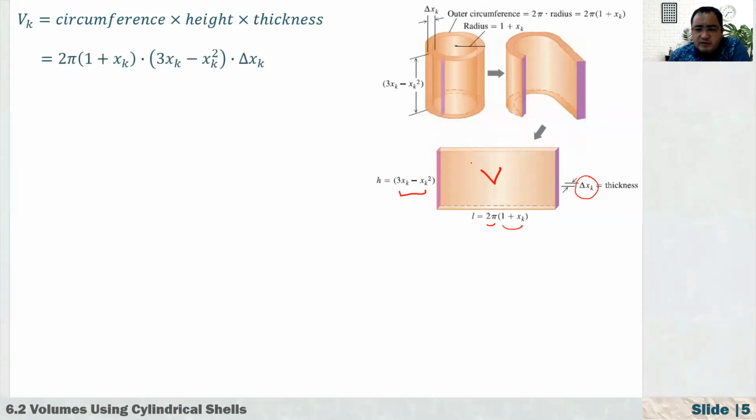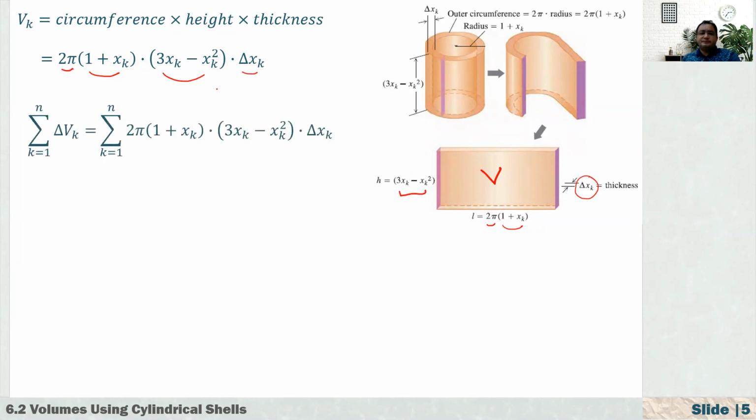So now if you substitute the values here, the circumference is 2 pi times 1 plus x sub k. And the height is the value of the function at that point, 3x sub k minus x sub k squared, times the width, delta x sub k, right? So now if you want to find the volume, I'm just summing up all of these volumes of the cylinders of different sizes.